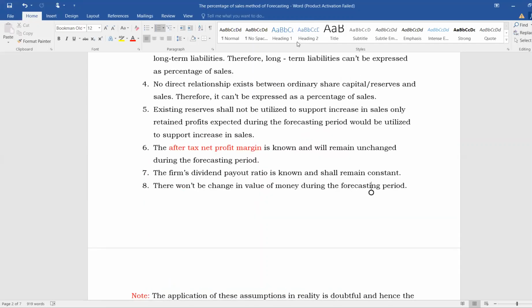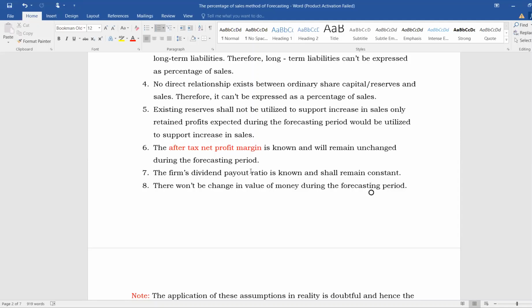The firm's dividend payout ratio is known and will remain constant. Of course, we assume the firm adopts a constant dividend payout ratio, 40% payout or 60% payout. And therefore, we assume that that payout ratio is known and will remain constant. But it's not a must that this is the only dividend policy the firm adopts.